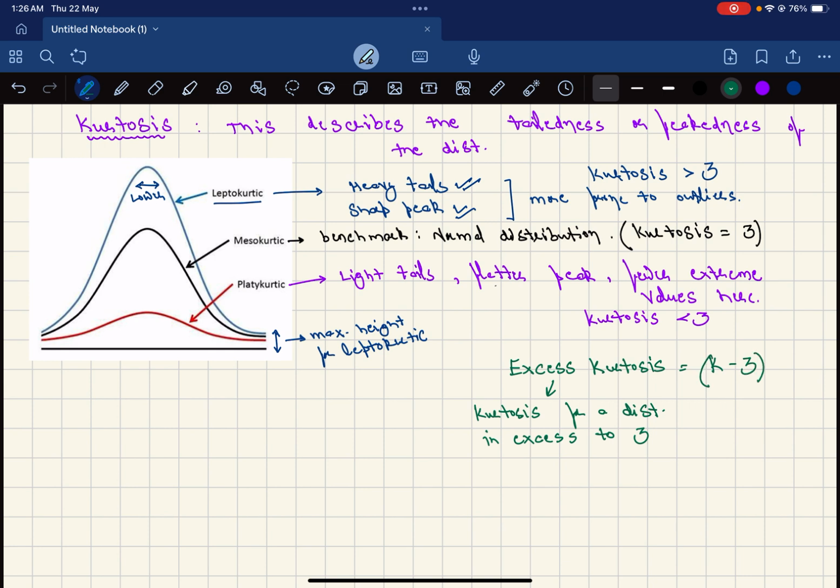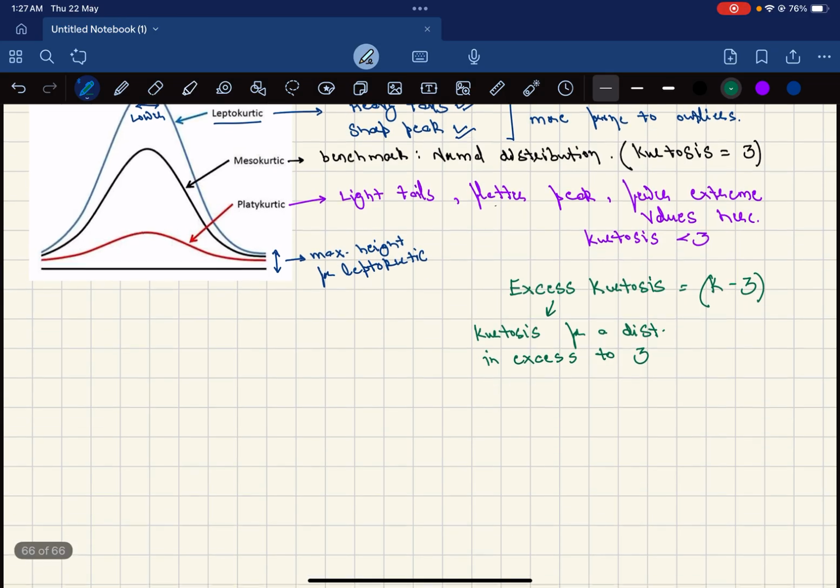So for a leptokurtic distribution, excess kurtosis is greater than 0, and for a platykurtic distribution, the excess kurtosis would be less than 0. So this is how we define the kurtosis of a distribution. It is the measure of the tailedness or peakedness of the distribution.